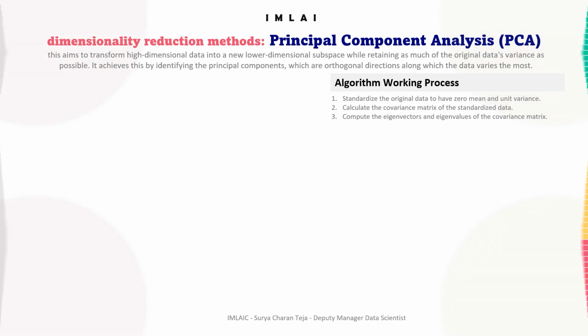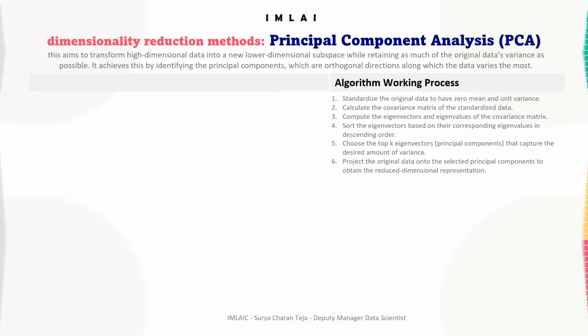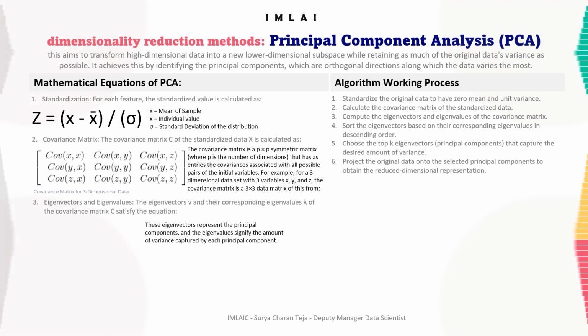Choose the top k eigenvectors, principal components, that capture the desired amount of variance. And finally, project the original data onto the selected principal components to obtain the reduced dimensional representation. That's our algorithm working process.